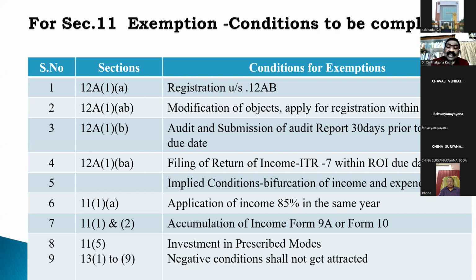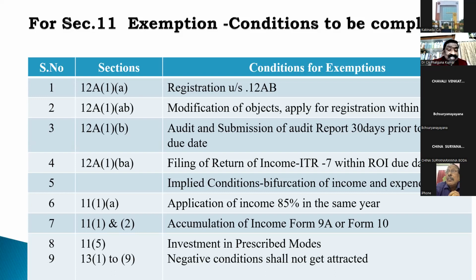Some part of the unspent, with the 85% falling short, is what you could not apply. Say on March 30th a big donor gave, and on March 31st you could not apply it. Maybe in April, May, you would have applied. So in the next year's application amount, the earlier year's amount is there, which you have to deduct. So for that, Form 9A or Form 10, you have accumulated for a specific purpose.